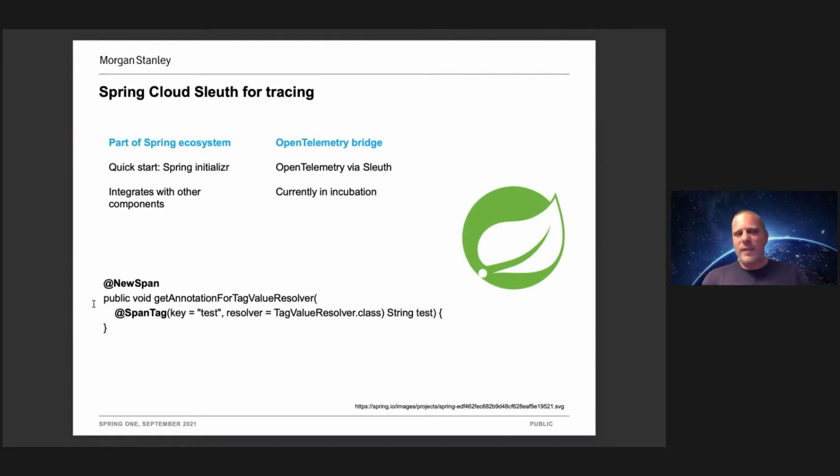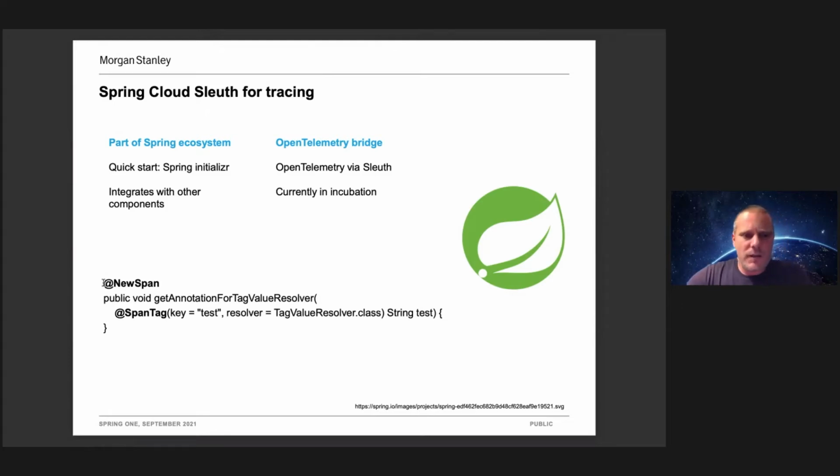And it's extremely quick to get going with, because you have Spring Initializr, of course, and you just add it as a dependency, you do some very small configuration, and then you're good to go and you're able to send traces. Also, it integrates with other Spring components. So you already have out of the box all of the components instrumented with tracing.